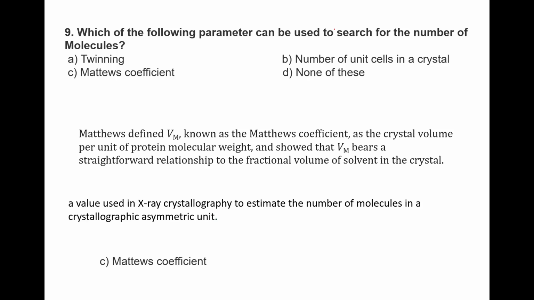So if you want to see how much volume is occupied by the solvent and how much by your atoms in the crystal, which is important for protein crystals because they have 70 to 80% solvent inside, the Matthews coefficient is very handy. So the correct option is C.